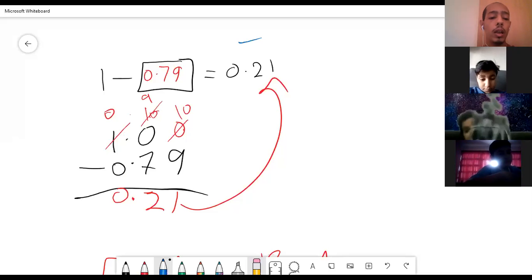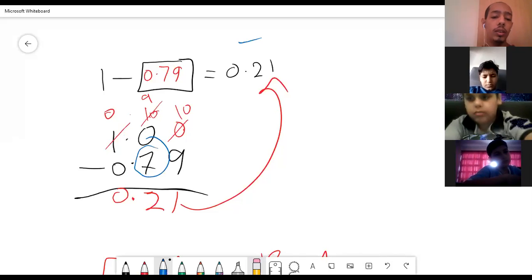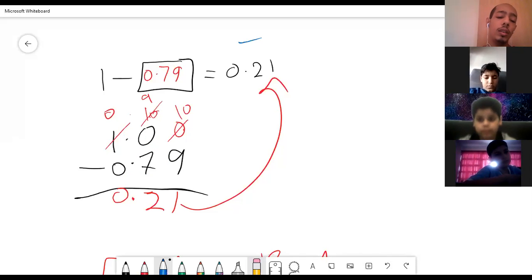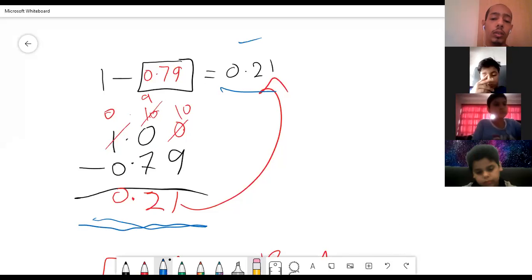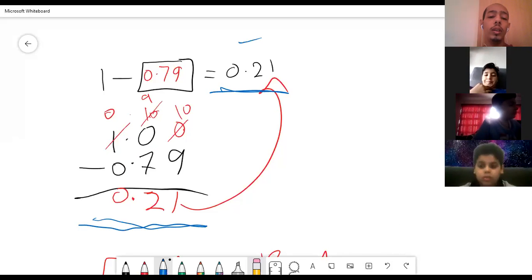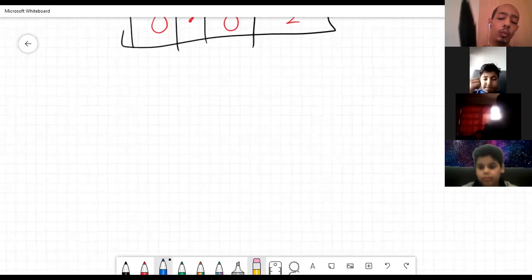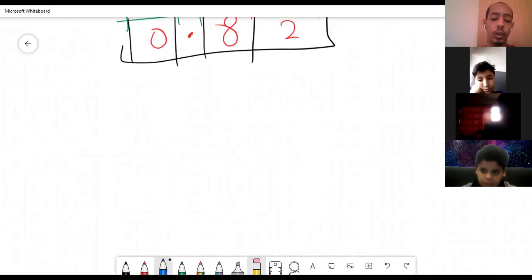So 0 here should be underneath the 1, and the decimal point, 7 underneath the 0, and 9 underneath the 0. Right, now you will subtract, you will get this. So the number you subtracted from the 1 to get 0.21 is 0.79, not 0.22.